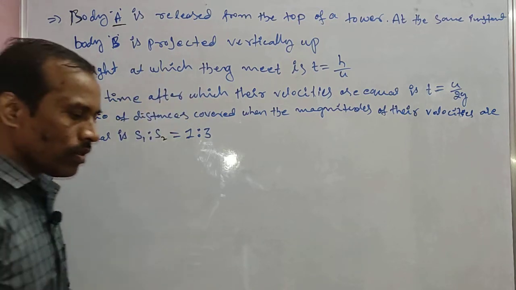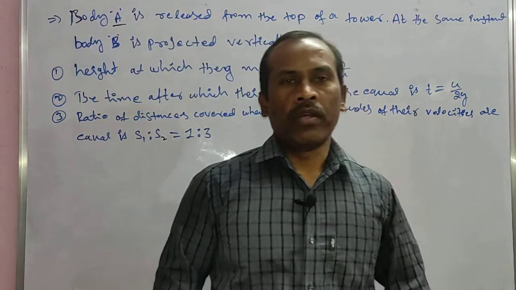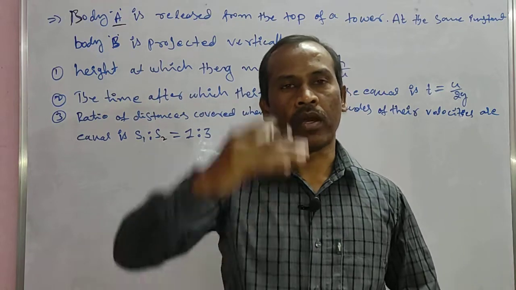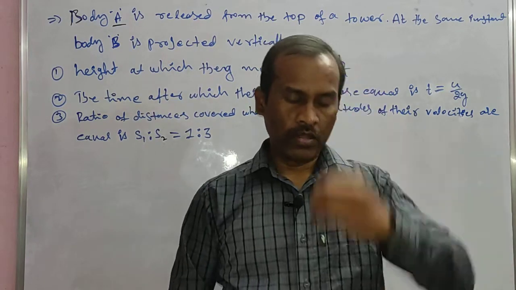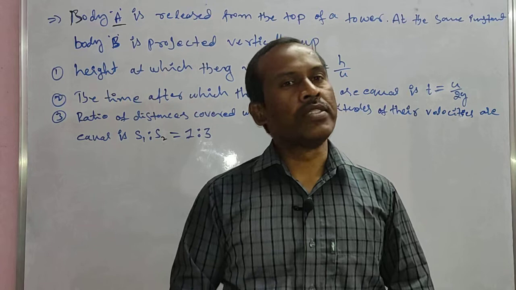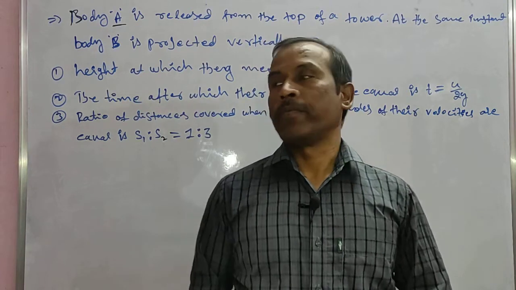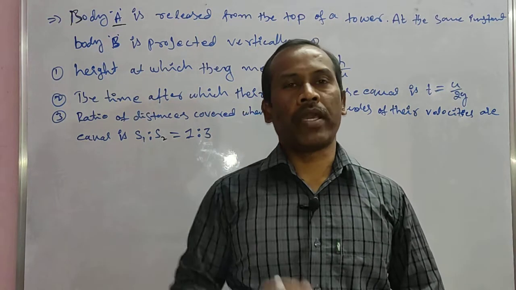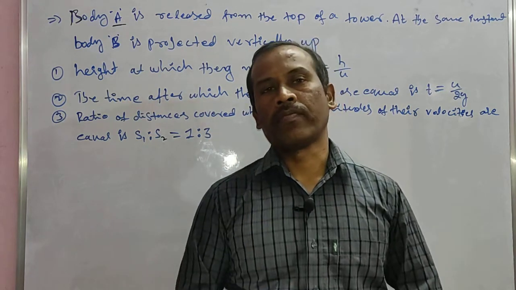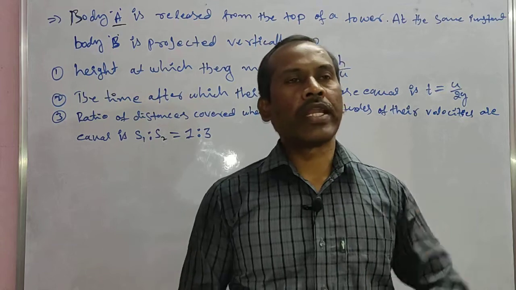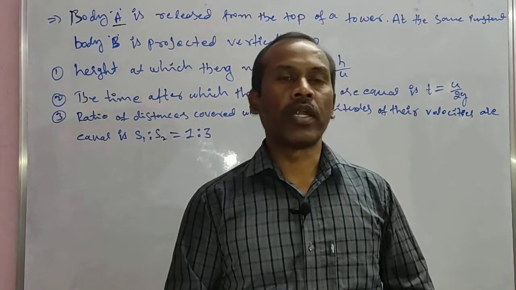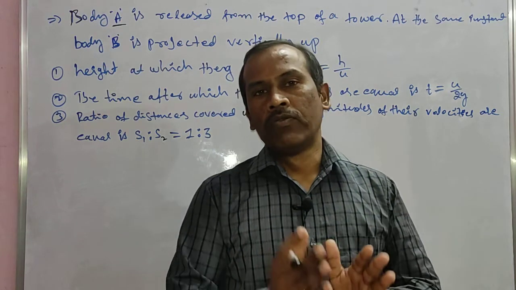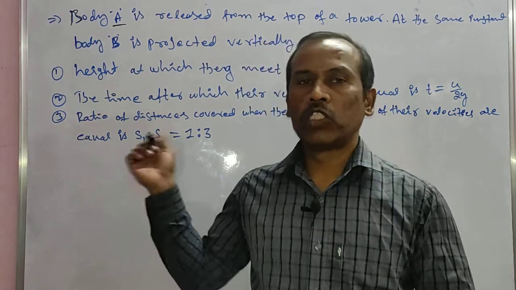First of all, this is a tower. Body A is dropped from the tower, so its initial velocity is 0. Another body B is projected up at the same time, simultaneously. These two bodies meet at some instant of time t. Now show that t is equal to h by u.